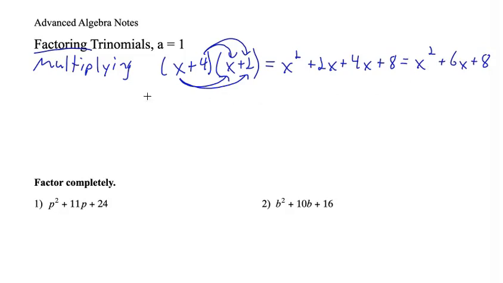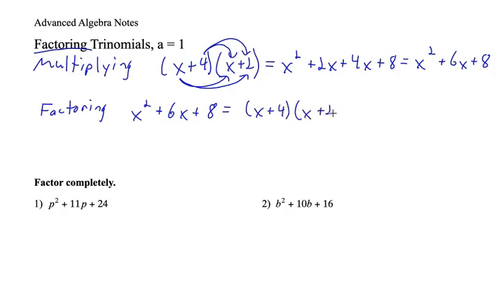Now factoring is the opposite of this process. So now let's say we're factoring. We'd be starting with something like x squared plus 6x plus 8. And when we factor it, we're going to break it down into its factors, or in this case, two binomials that multiply to make the original trinomial.